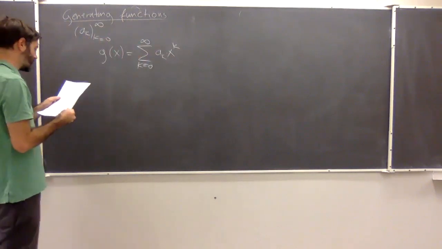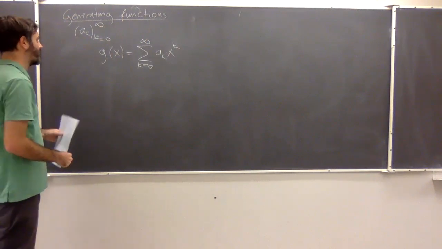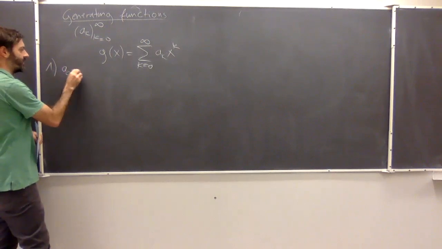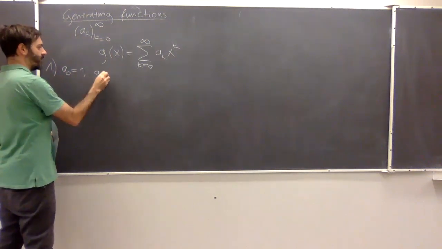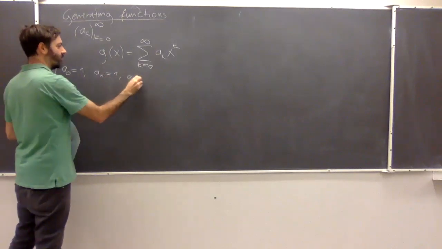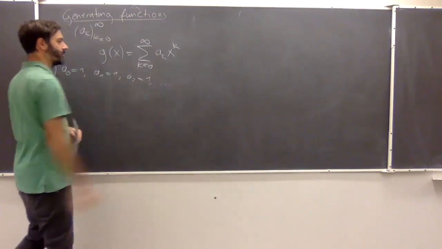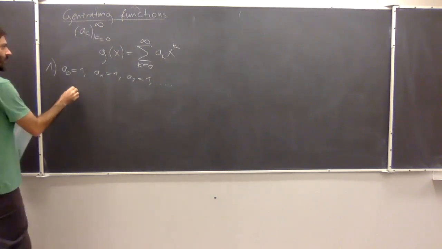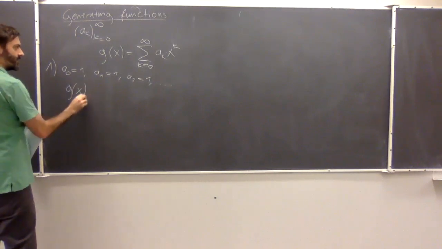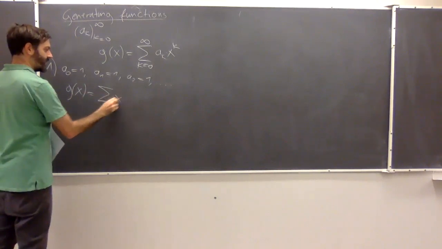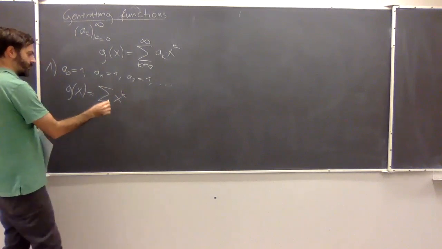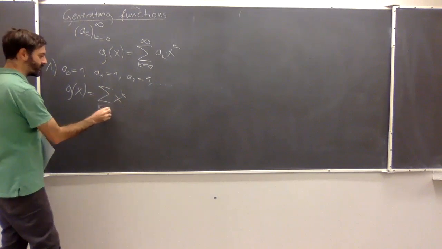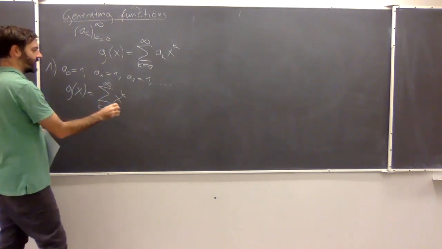Okay, so we know some examples. Let's start with the sequence a0 is 1, a1 is 1, a2 is 1. That's just a sequence of ones. Which function does the sequence of ones give me? Well, I have to write g of x is equal to the sum of x to the k. All my a's are 1, so I can just drop them, summing from 0 to infinity.